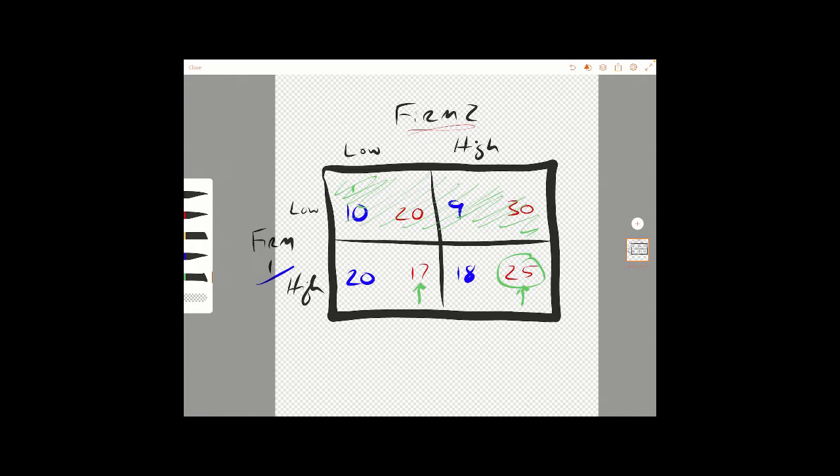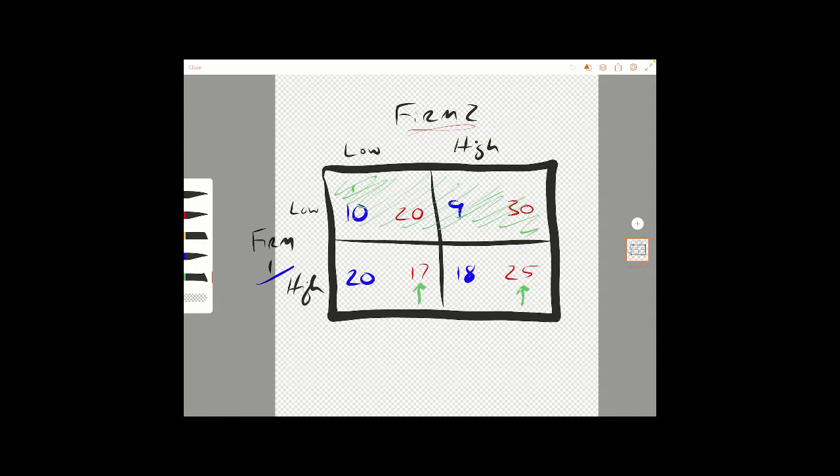Clearly 25 is better than 17, so firm 2 would produce a high output. That means that no matter what firm 1 does, firm 2 will produce a high output, which means they have a dominant strategy. No matter what the other firm does, this is what I will do.